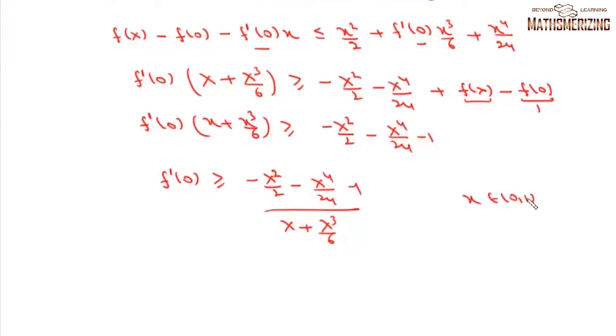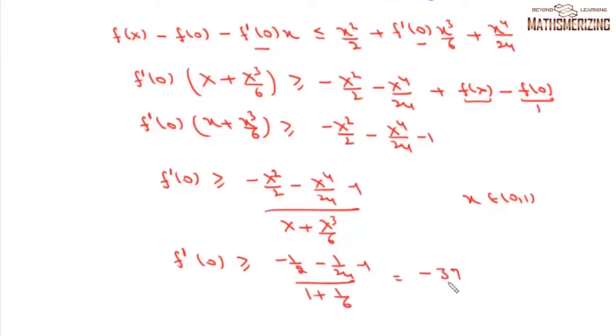Now this function on the right is an increasing function. So this f'(0) will always be greater than or equal to the value when x is 1. So if you put x as 1, we'll get minus 1 by 2 minus 1 by 24 minus 1 upon 1 plus 1 by 6.